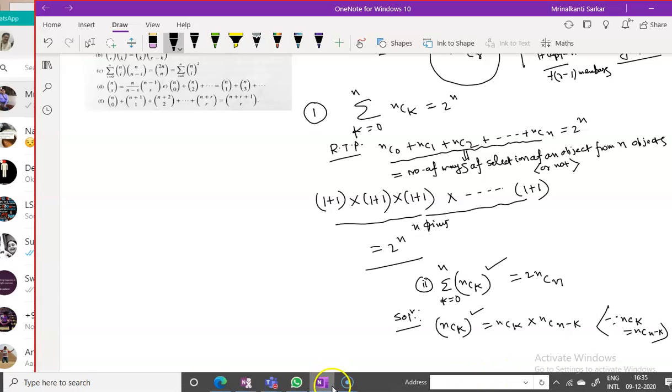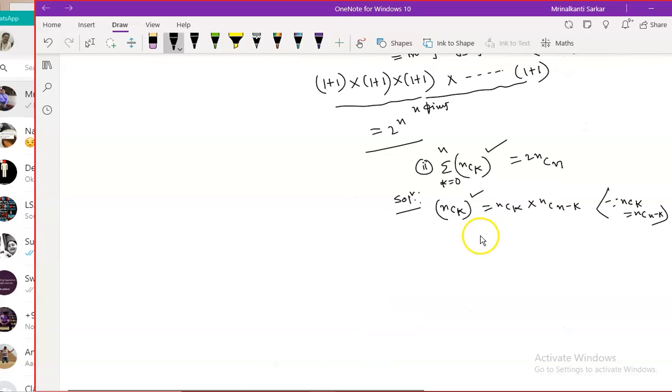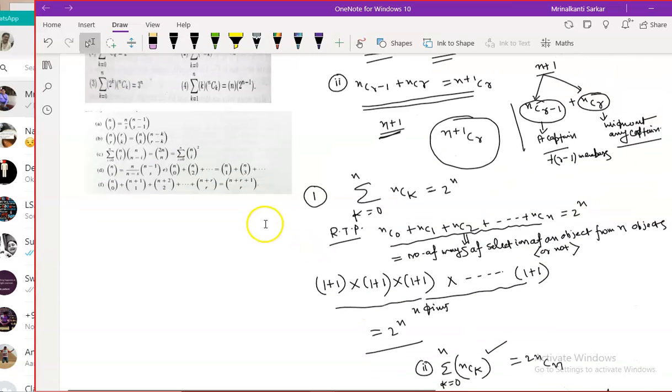Therefore, sigma of (nCk) whole squared, k equal to 0 to n, is equal to sigma k equal to 0 to n of nCk times nC(n minus k), and that is fine because you have written the same thing.